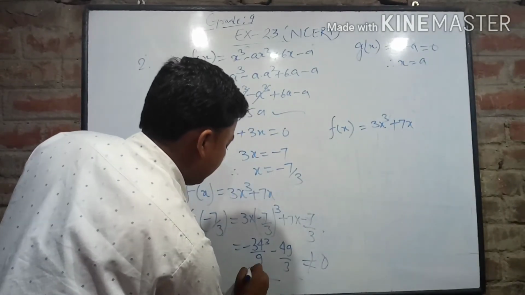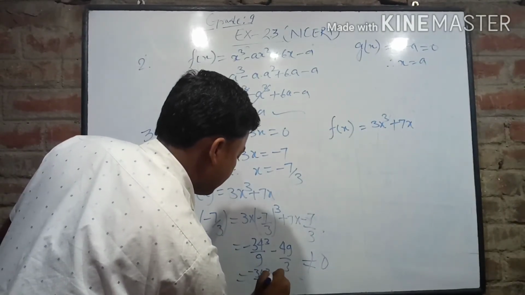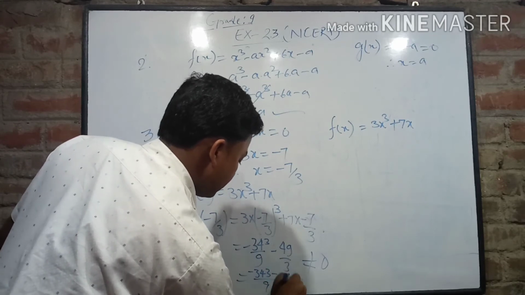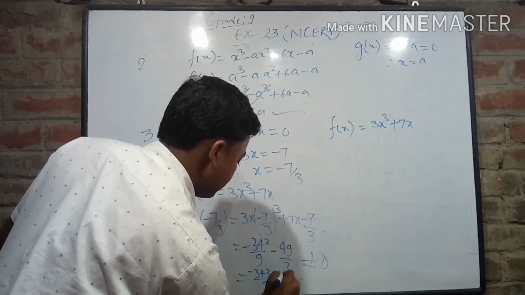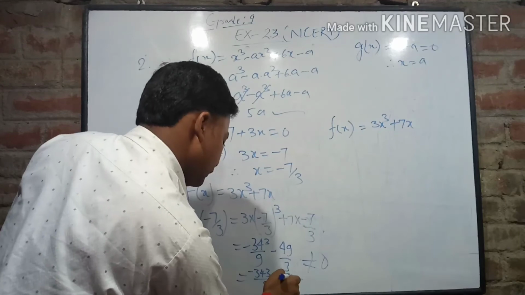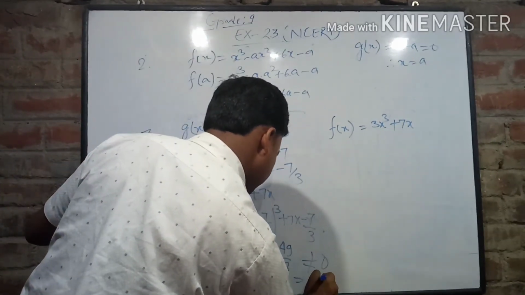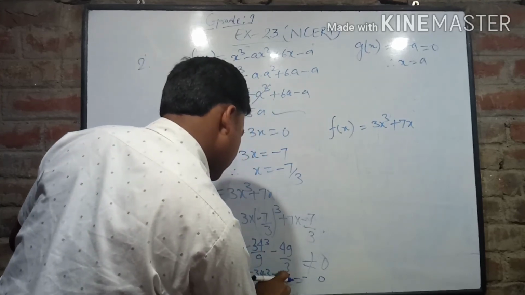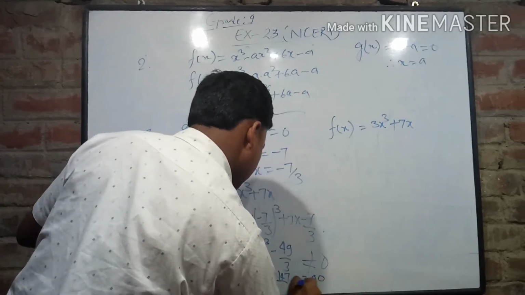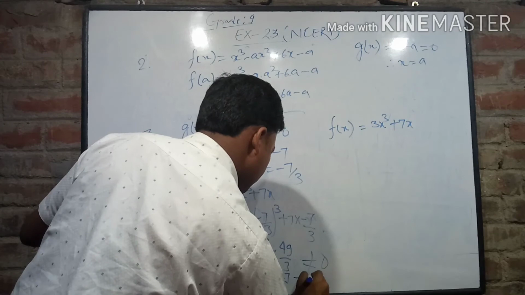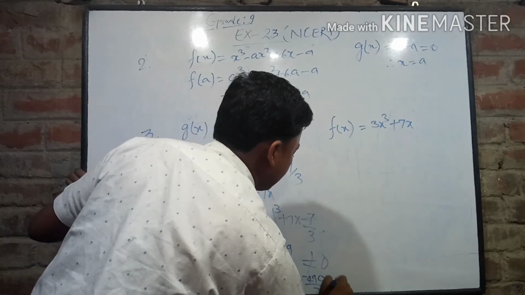If we take the LCM, we can find 343 minus 147, and this is equal to 490 upon 7, which is not equal to 0.